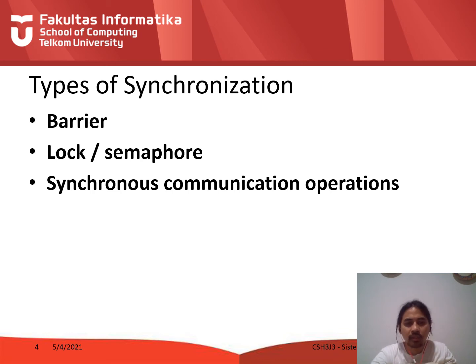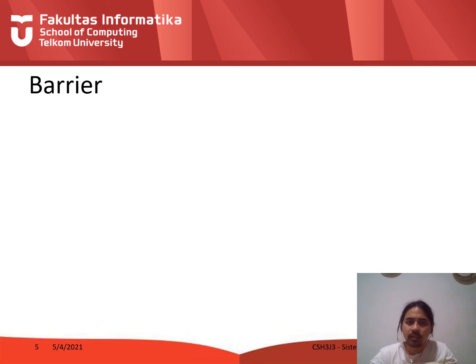These are the three types of synchronization. There is barrier, there is lock semaphore, and there is synchronous communication. So what is barrier? Barrier is just like what I said before. For example, there is process A and there is process B. At some time, A needs to wait for B to continue with its operation, so there they create a barrier.